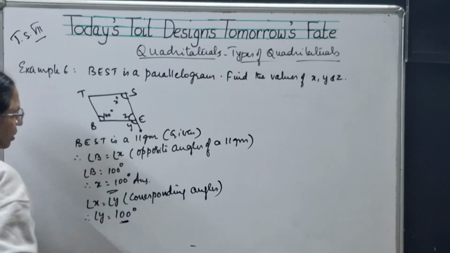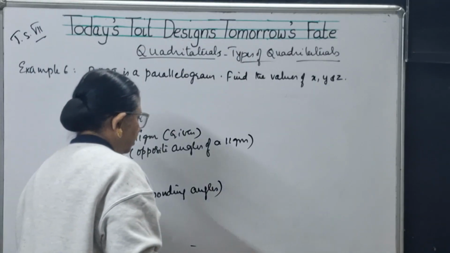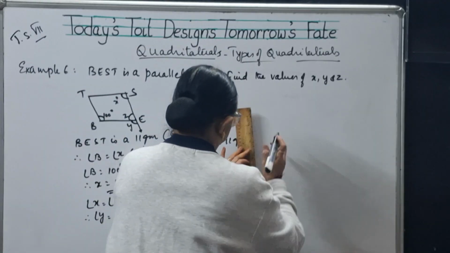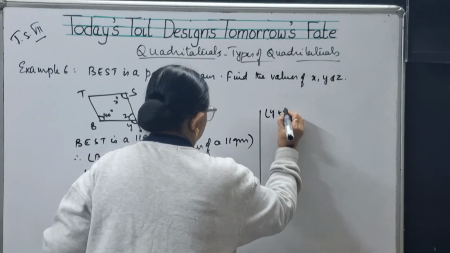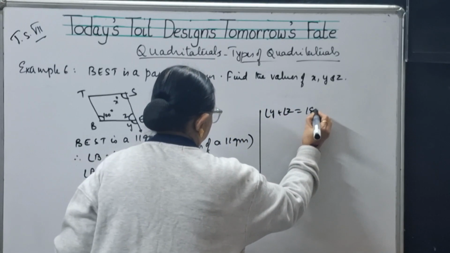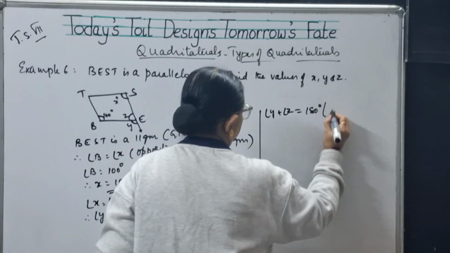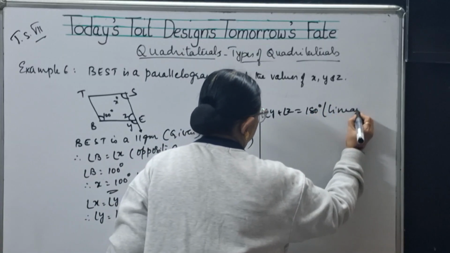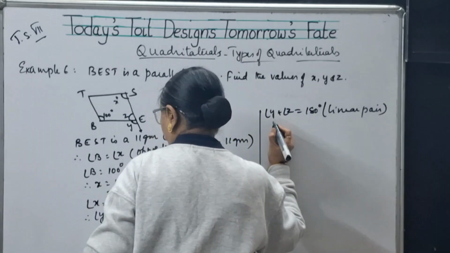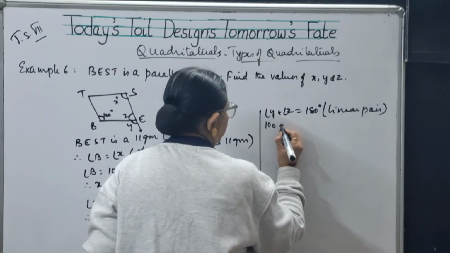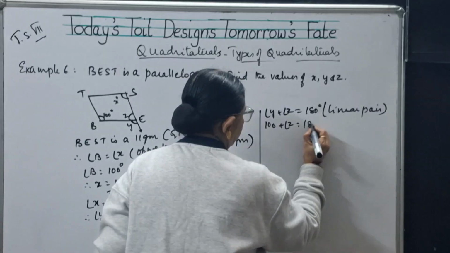This is another answer. And we know that angle Y plus angle Z is 180 degrees. They are a linear pair. So angle Y is 100 plus angle Z is 180 degrees.